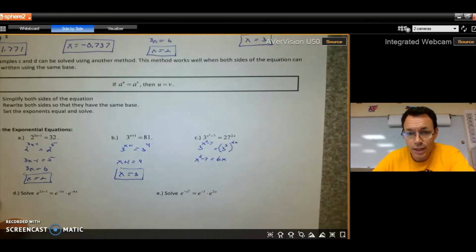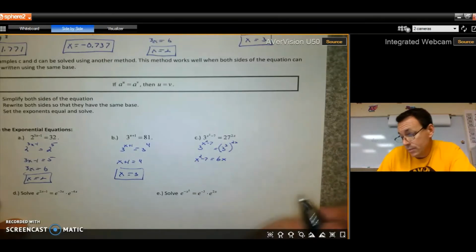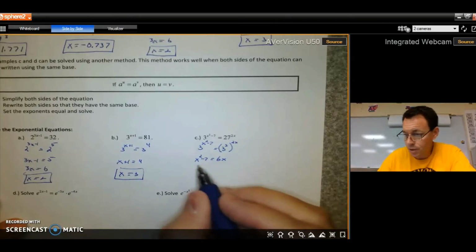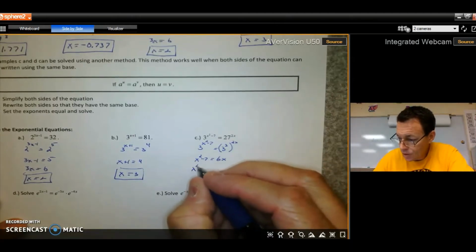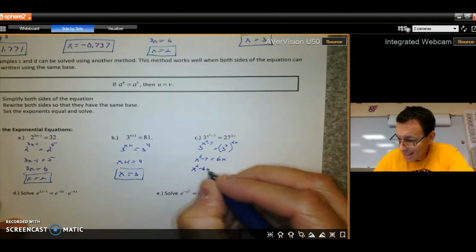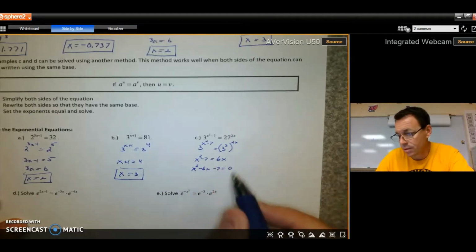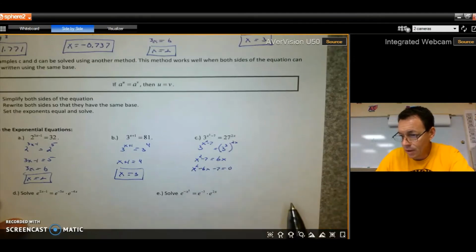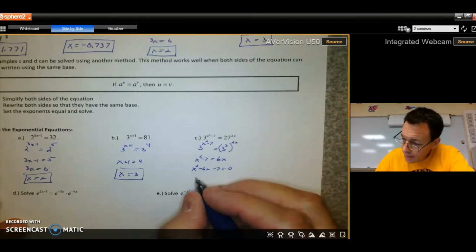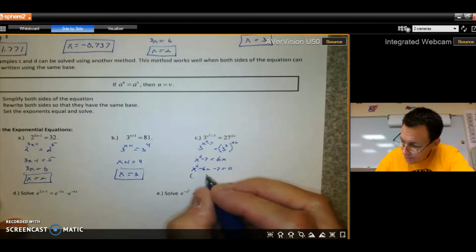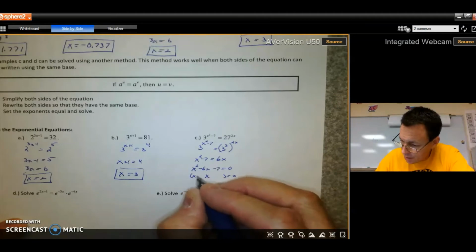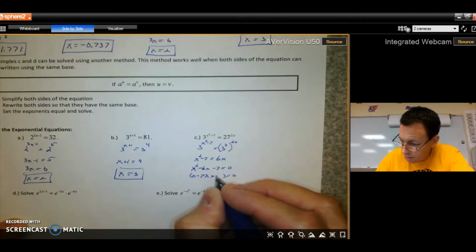And now I have a quadratic equation to solve. So this is a more complicated algebra problem, but it's just an algebra problem. We took this exponential problem and turned it into just an algebra problem. x squared minus 6x minus 7 equals 0, because I need to get everything on the same side. And then I can factor this. The factors of negative 7 that add up to negative 6 would be minus 7 and plus 1.